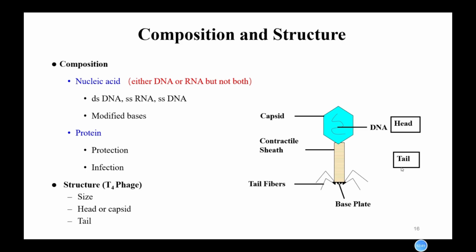And they use protein as their structural component, such as the capsid coat to protect the genome. And the tail is also made up of protein molecules. So two major components, okay? And because it's a virus particle, it's small. It's on the nanometer level.